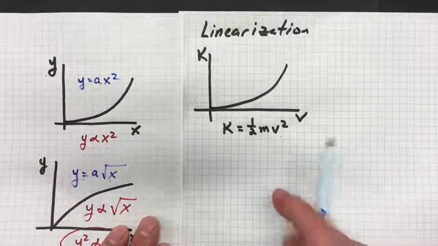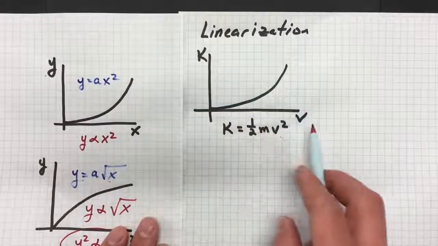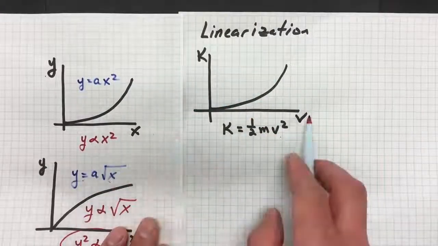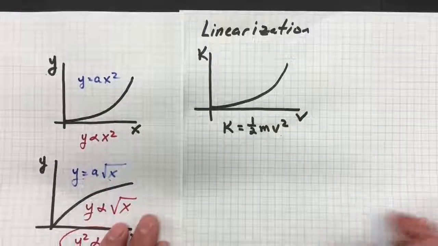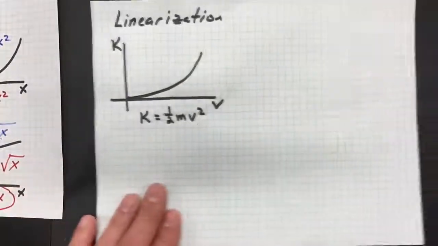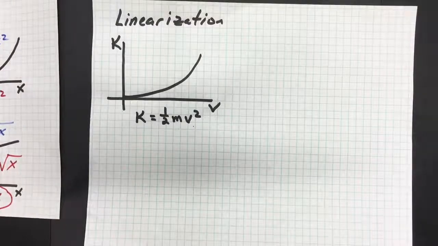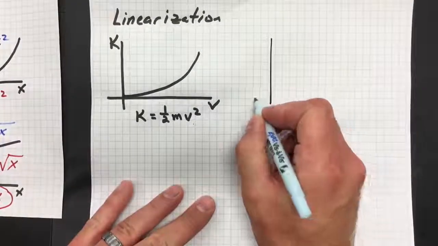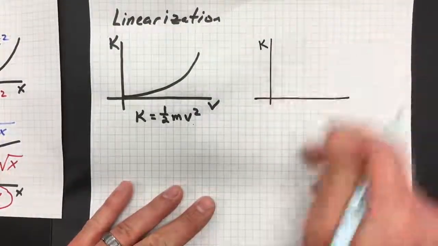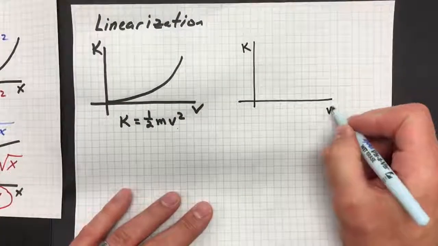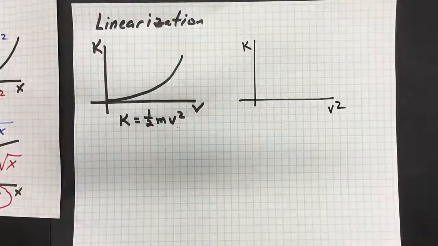In order to linearize this, k is proportional to v squared. So I would have to make a new graph that has k on that axis and v squared on this axis.